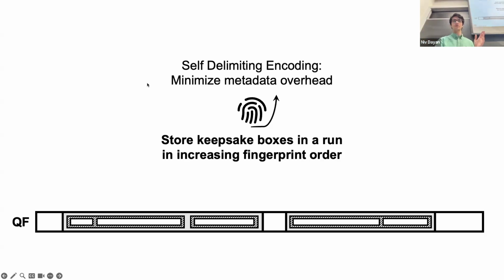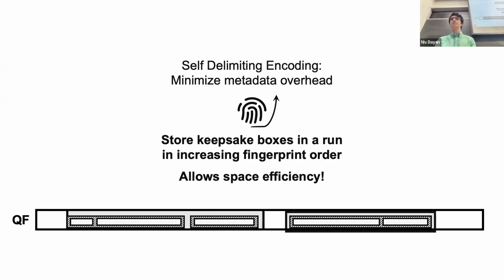As you scan a run from left to right, you expect to see larger and larger fingerprints as you go by. If you enforce this invariant, the moment you see a fingerprint that's bigger, that's already indicating that you've finished the keepsake box and you're seeing a new keepsake box, because you have an increase. That's the main utility of this invariant, but it's also nice because it's going to allow us to come up with a more space-efficient encoding for some special cases. We'll see this in a sec.